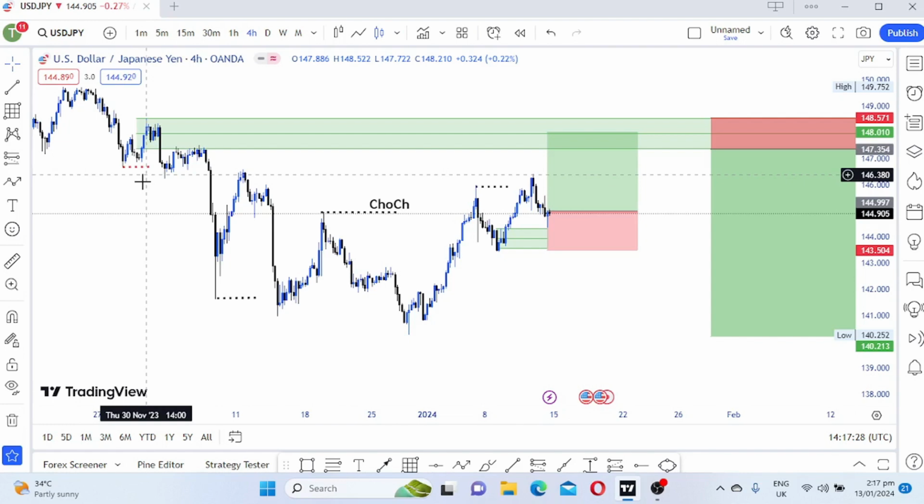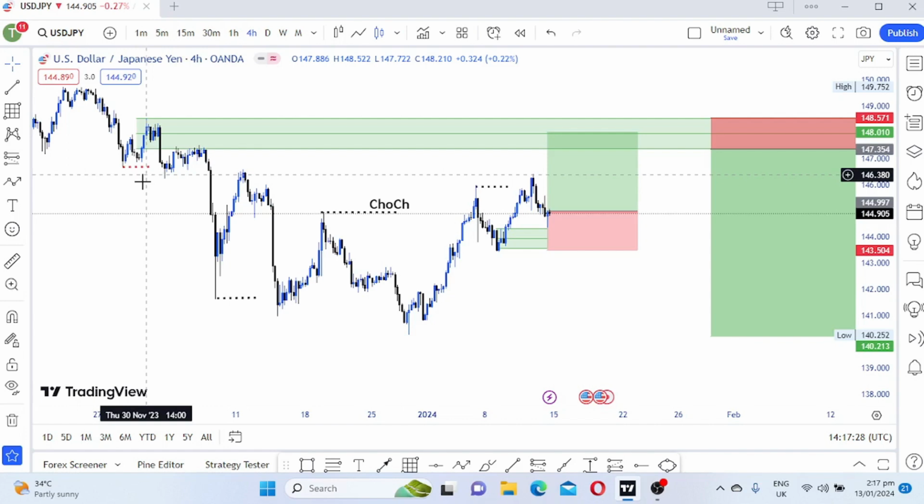Now let's look at USD CHF. Now looking at USD CHF, guys, let me just quickly go on daily. As you can see on daily, guys, let me just quickly zoom in so that you can see clearly what I'm saying. Here is our first supply zone.